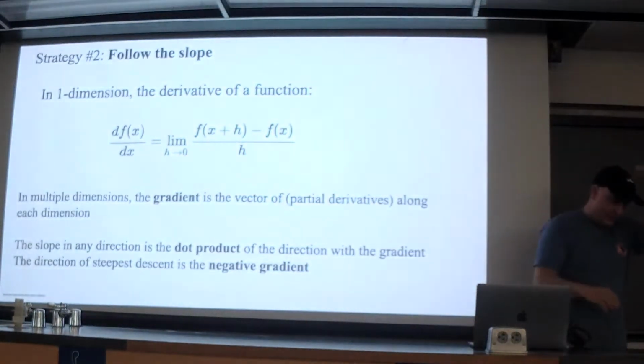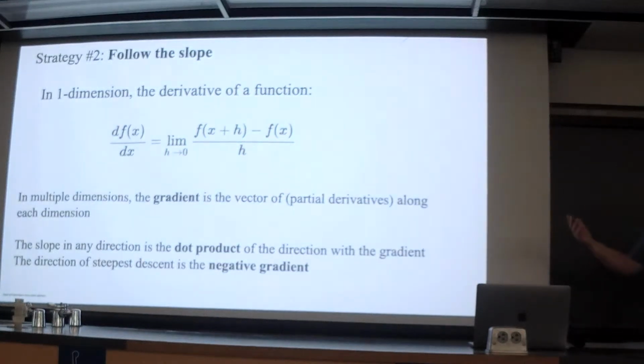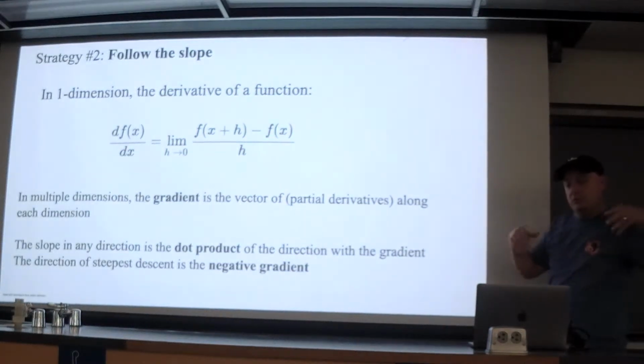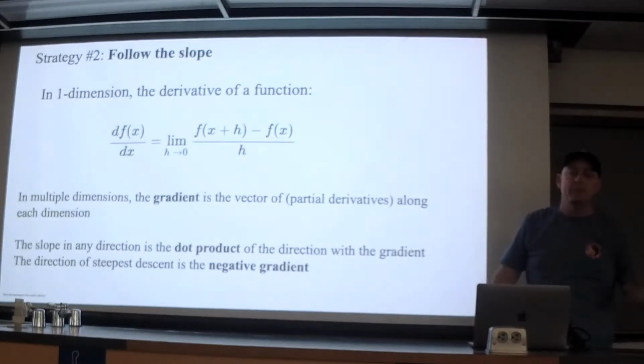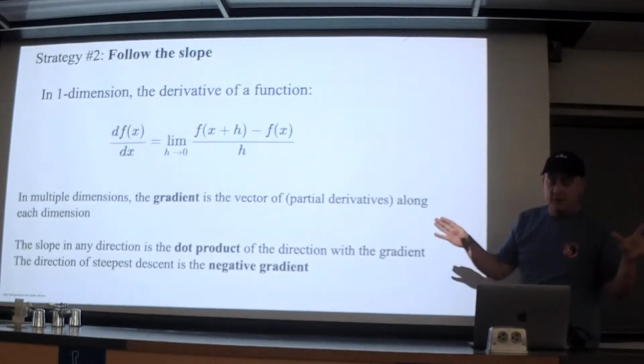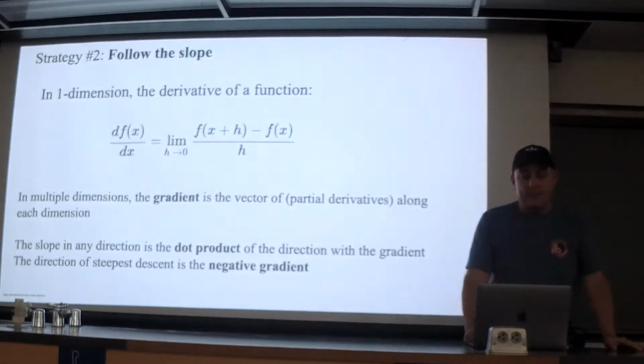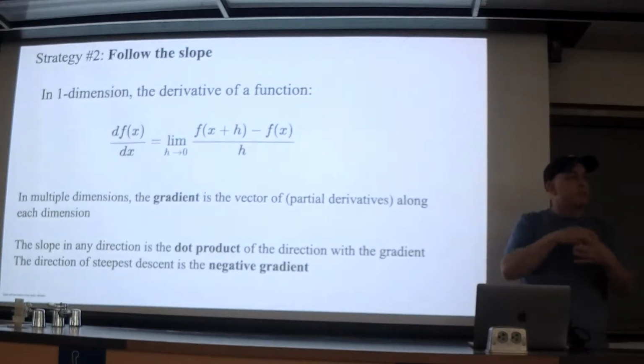But what's the idea? The idea is we want to start wherever we are. We can randomly sample some starting values for our parameters, and then we want to look around ourselves and say which direction should I go to reduce the loss the most.